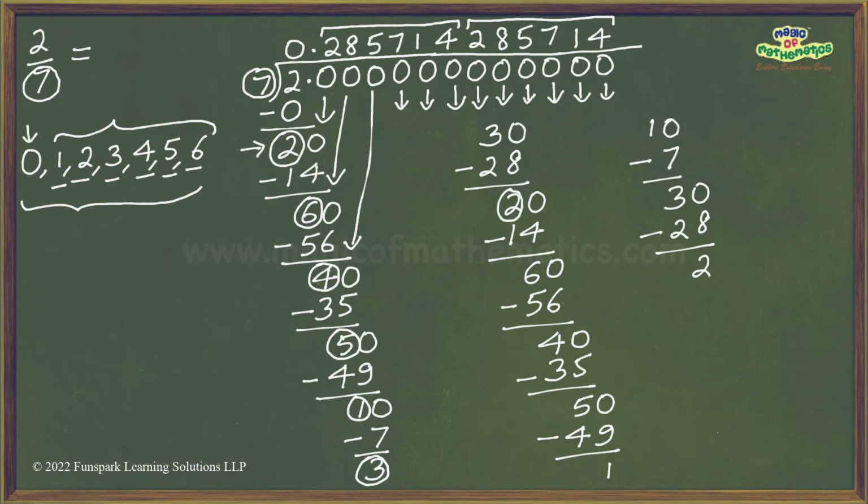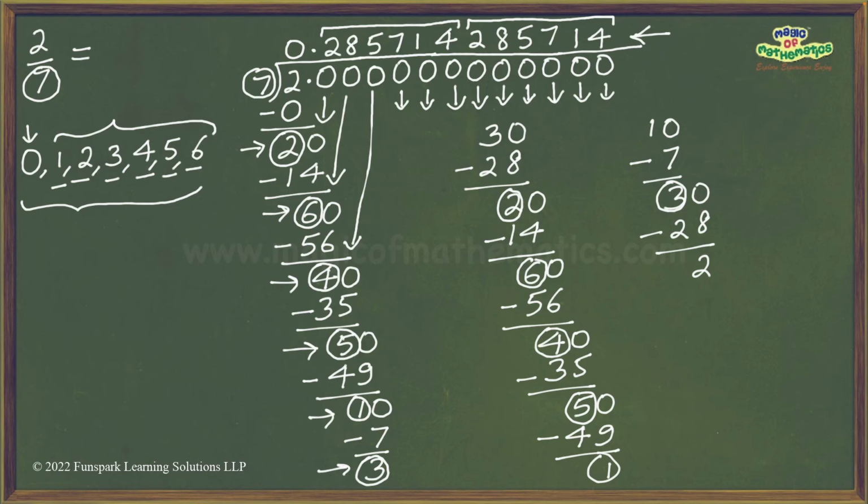And what this means is that our next remainders are again going to be 6, 4, 5, 1 and 3. This sequence of 2, 6, 4, 5, 1, 3 as the remainders is going to keep on repeating. And obviously this means that we are going to see a repetition of digits in the quotient too. So the decimal representation in this case will be non-terminating but recurring.